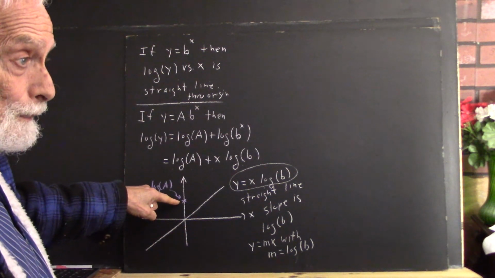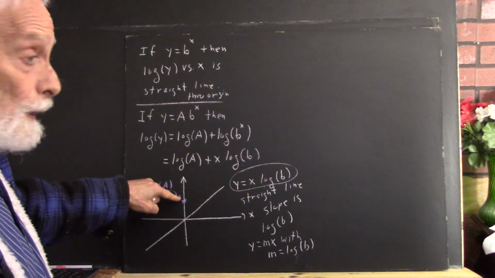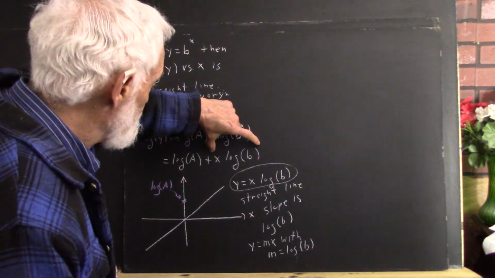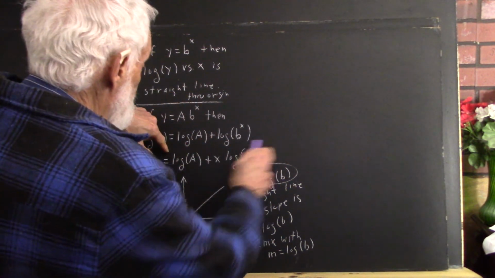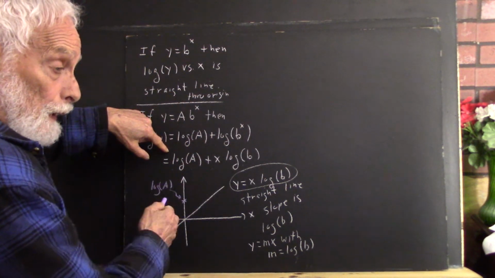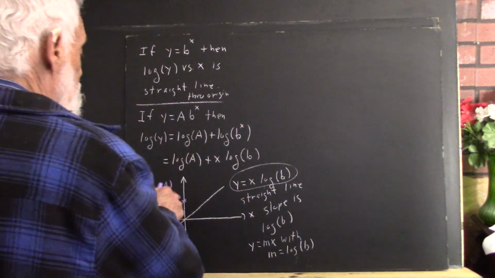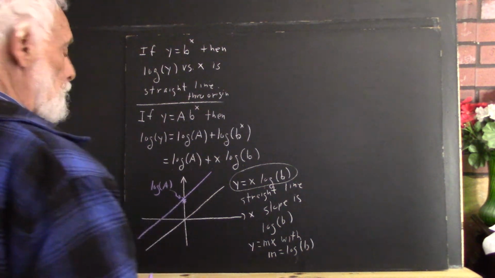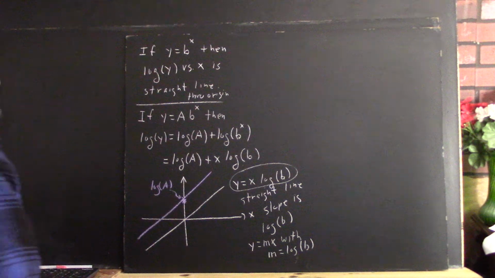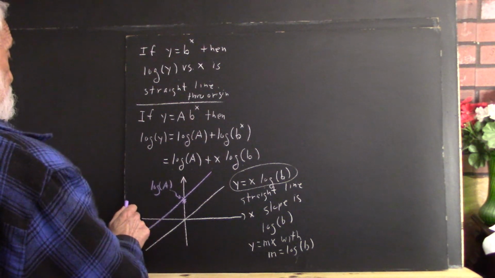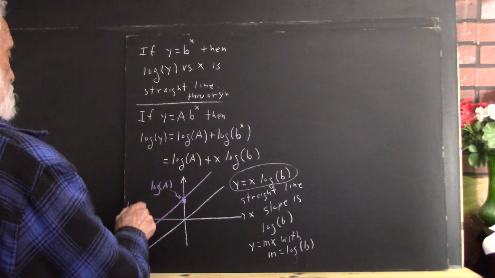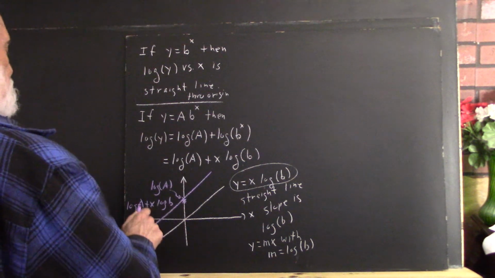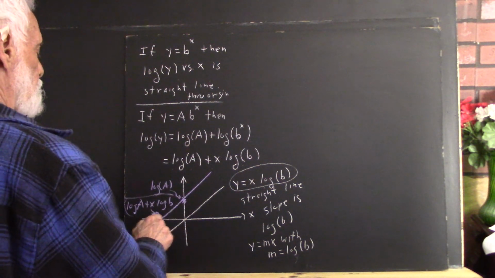So to take this graph and get this graph, we've got to add log of a to all the y values, which shifts the graph up log of a units. Of course my line doesn't look all that parallel. But now this purple graph is log of a plus x times log of b.